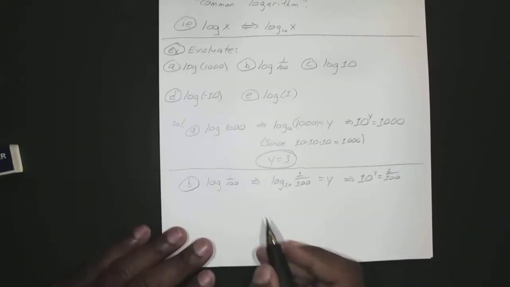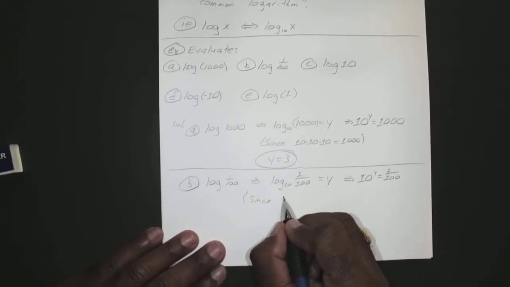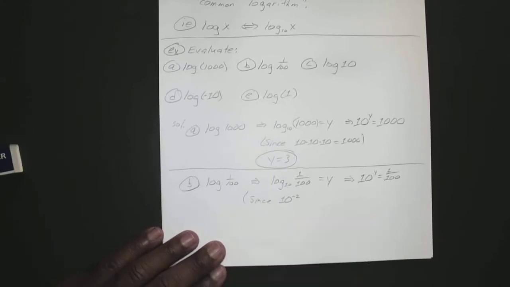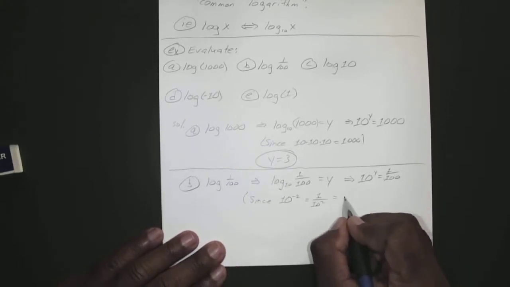Okay, so now we just have to remember 10 to the negative 2 is equal to 1 over 10 squared, which is equal to 1 over 100.